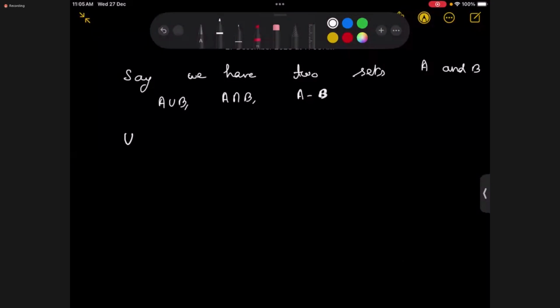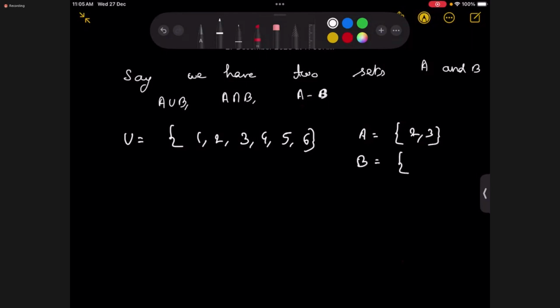Say U be the universal set {1, 2, 3, 4, 5, 6}. A be the subset {2, 3}. B be the subset {3, 4, 5}.